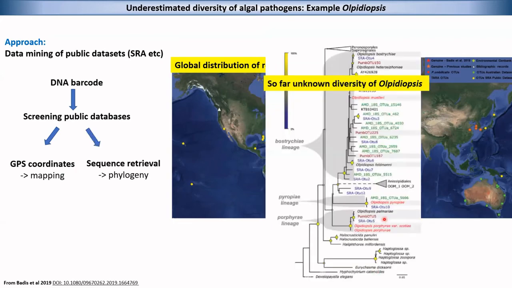Secondly, those homologous sequences can be retrieved via this data mining approach, and they can be used for phylogeny. In the case of Pediopsis, this allowed to discover a large unknown diversity of the genus, and probably there are many more new species that still need to be described. So we can assume that at the moment this red algae pathogen is really underdescribed and underestimated.